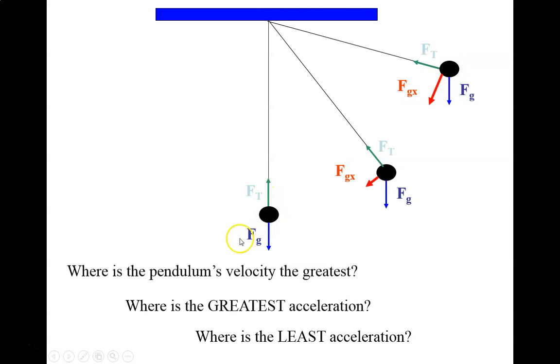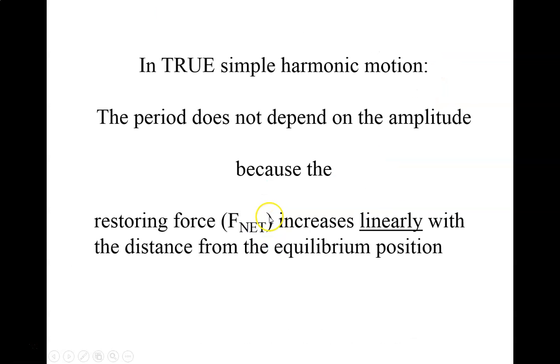I'm sorry, I'm not sure what I said there, but if I can go back and wipe that. So the velocity is the greatest at the bottom, and the acceleration is the greatest at the ends, just like on the mass on a spring. Sorry about that. So it's got the least acceleration at the bottom.